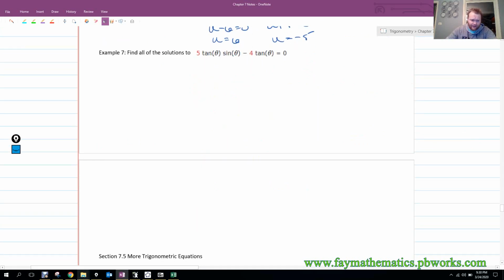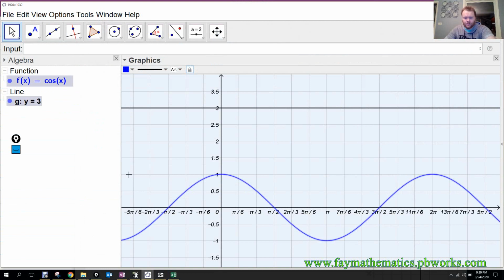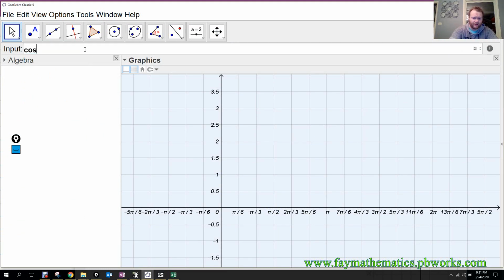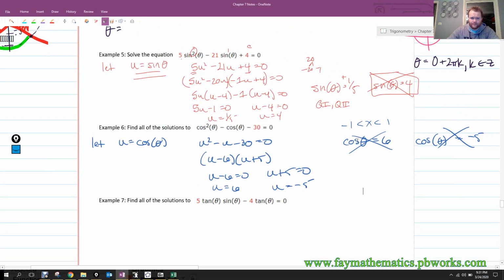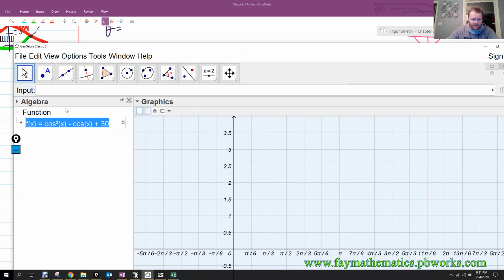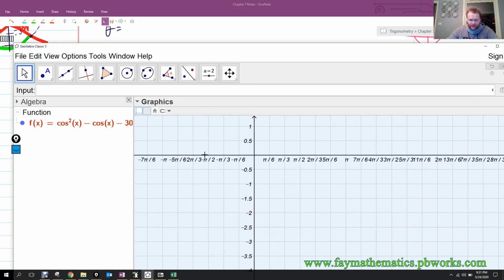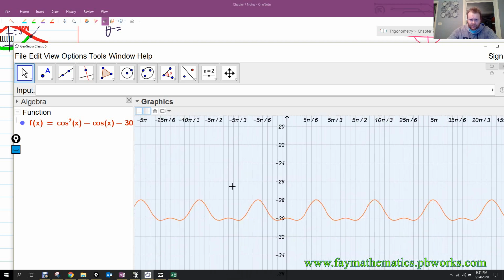So let's look at that graphically real quick. If we go cosine squared x minus cosine x minus 30, I guess it was minus 30, and we graph it, there we go.